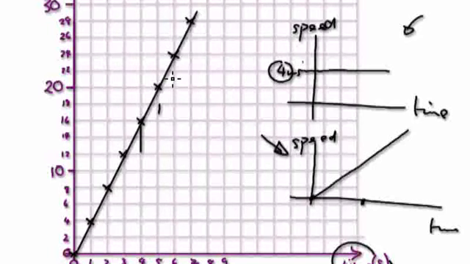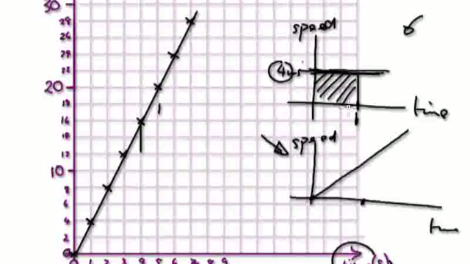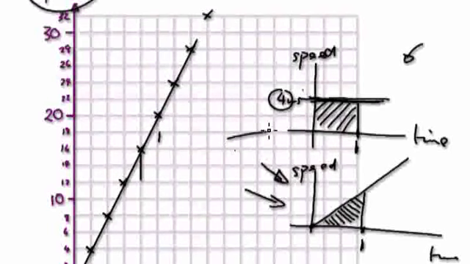Now, if you want to know the distance traveled after 1 second in the case where the car is already traveling at speed, you would work out the area underneath this rectangle. But because our car started at rest, to find out the distance traveled after 1 second, we would need to work out the area underneath this graph. So there's a difference between these two scenarios here.